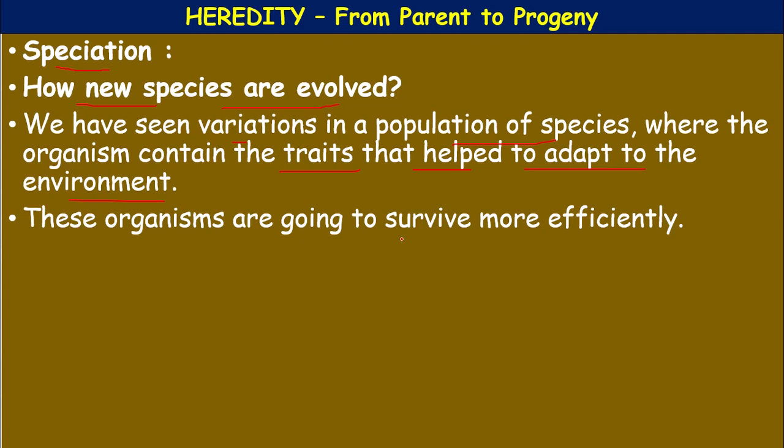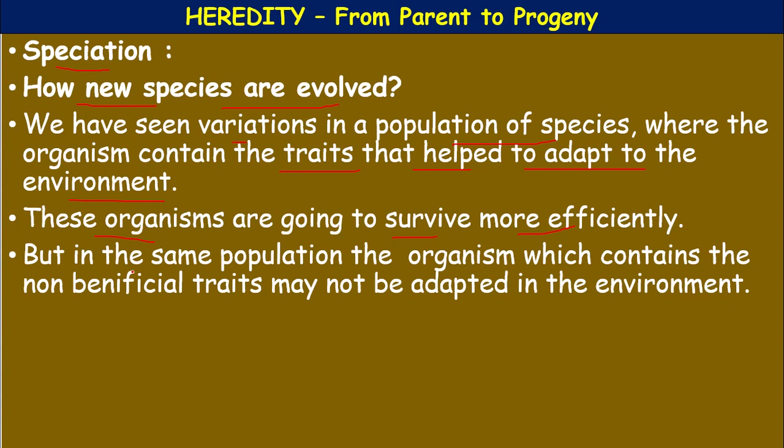So, the organisms which are adapted to the environment are going to survive more effectively. But in the same population, the organisms which contain non-beneficial traits, weak characters, may not be adapted to the environment, and they will perish.